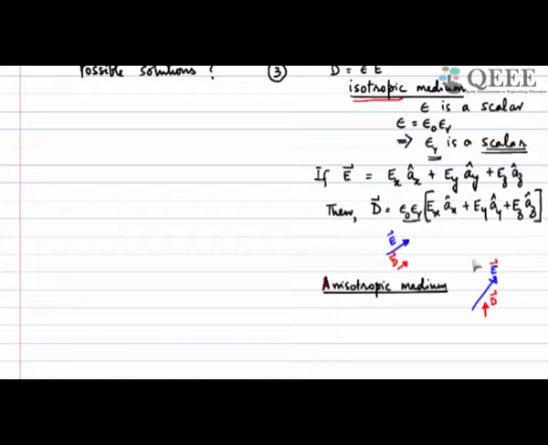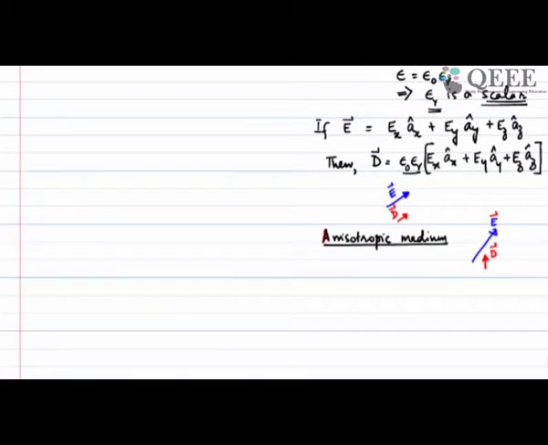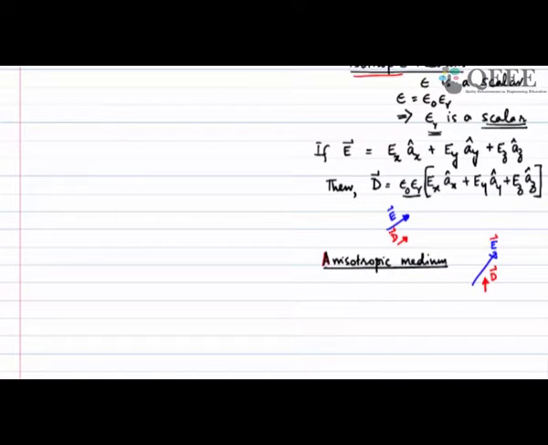In other words, I can say that all materials in general are anisotropic. Isotropy is only a specific case where D is parallel to E. In general, D is not parallel to E. How do I represent this?